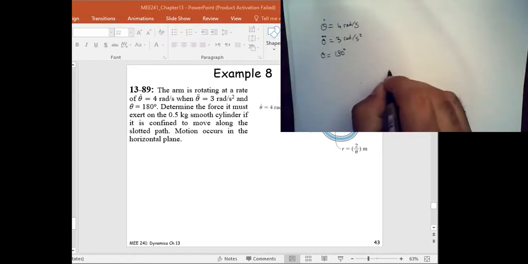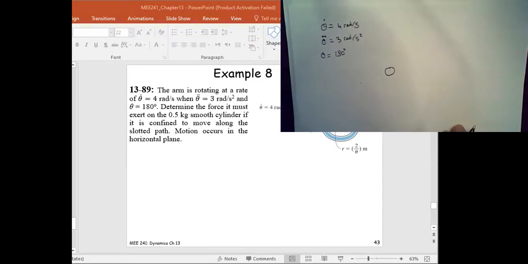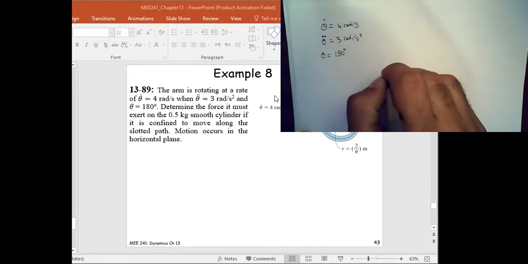Okay, so I have this cylinder right here, and it's subject to two forces. This is in the horizontal plane, and if it's in the horizontal plane, I have no gravity applied on it.